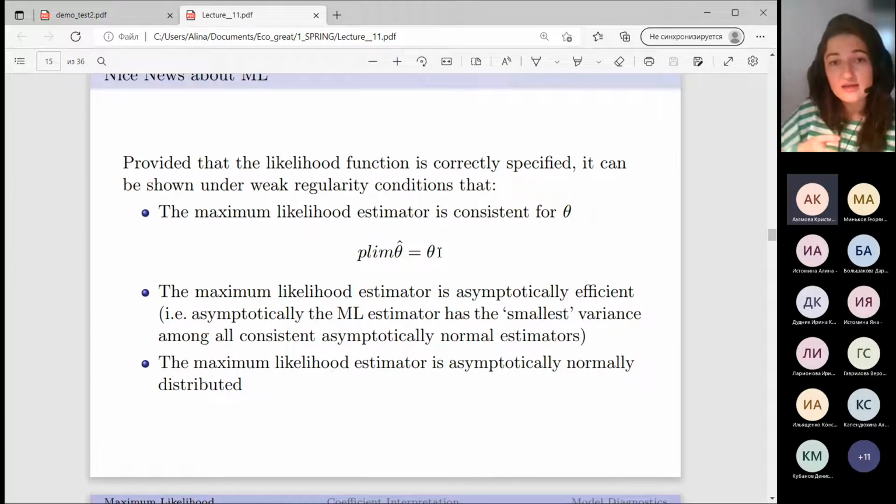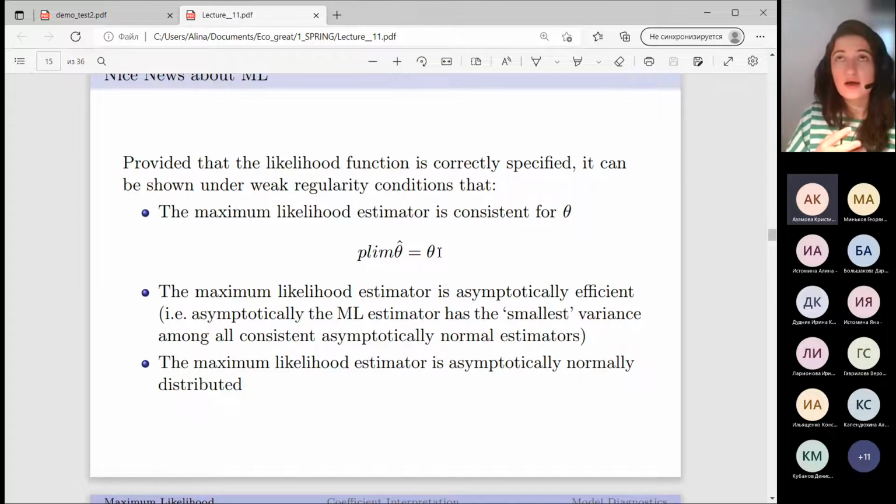The second very similar property of our estimates is that the estimator will be asymptotically efficient. What does it mean? Again, the same meaning as in the OLS. It means that you have the smallest variance among all consistent asymptotically normal estimators. And also, the last one, that the maximum likelihood estimator is asymptotically normally distributed.